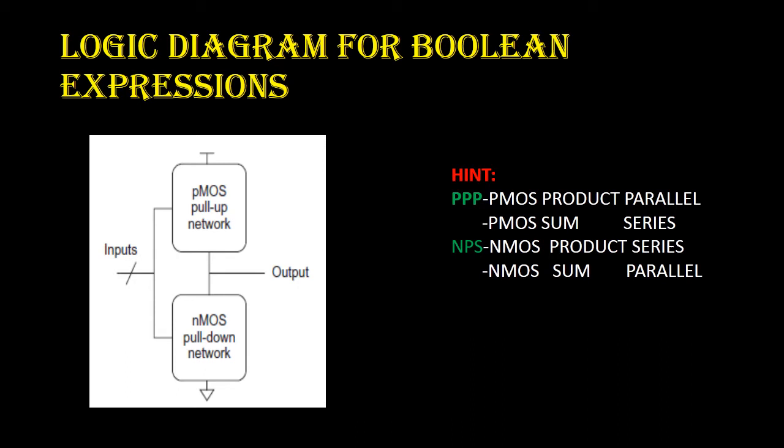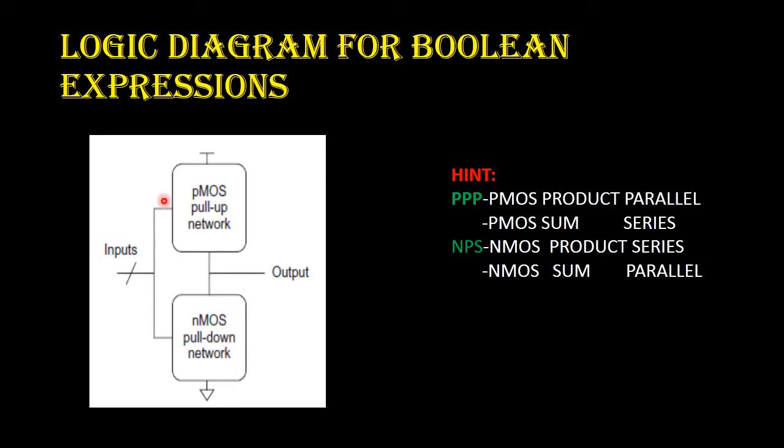Before going to see the NAND and NOR gate logic diagram, first let us see how to draw a logic diagram for any Boolean expression. That is a small hint we have to remember. This is the overall logic diagram. At the top you will be having the PMOS pull up network and at the bottom you will be having the NMOS pull down network.